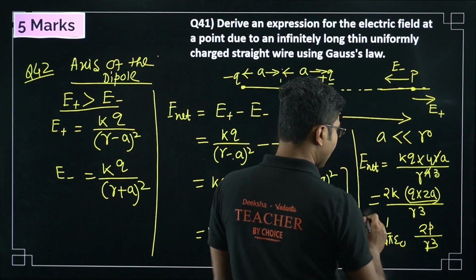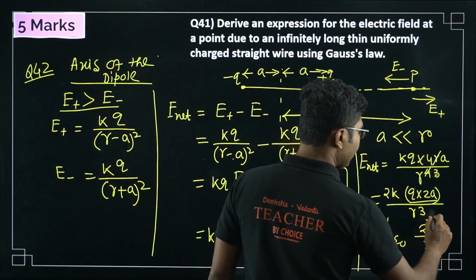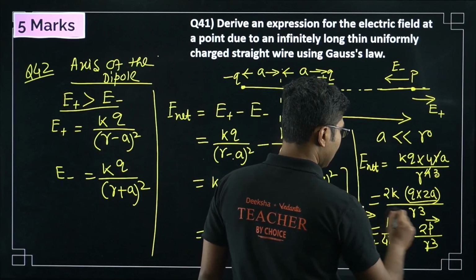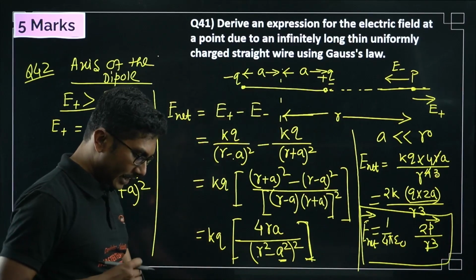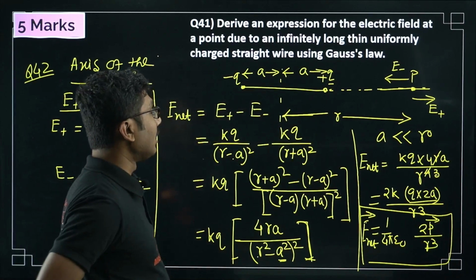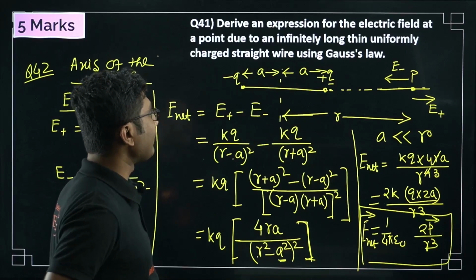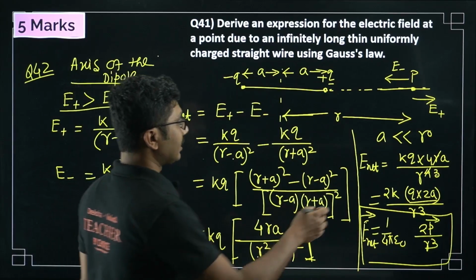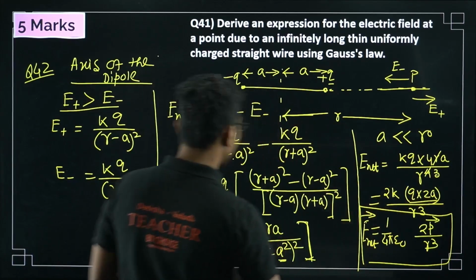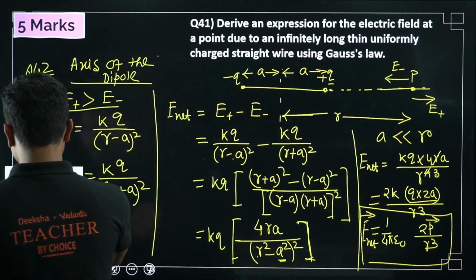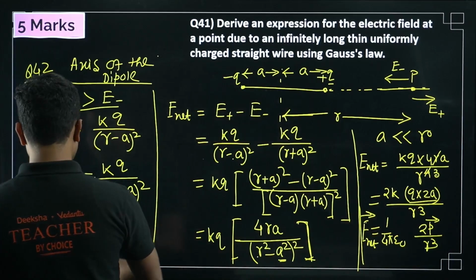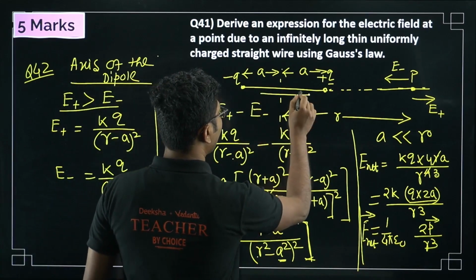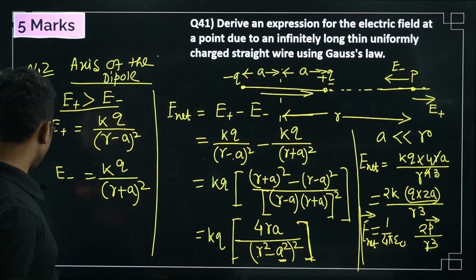Now in terms of vector form, this will be vector, this will be vector, and as you can see that electric field is in the same direction as the dipole moment. Dipole moment is defined by the term called Q2A, and its direction is from negative to positive charge. Okay, its direction is from negative to positive charge, right?